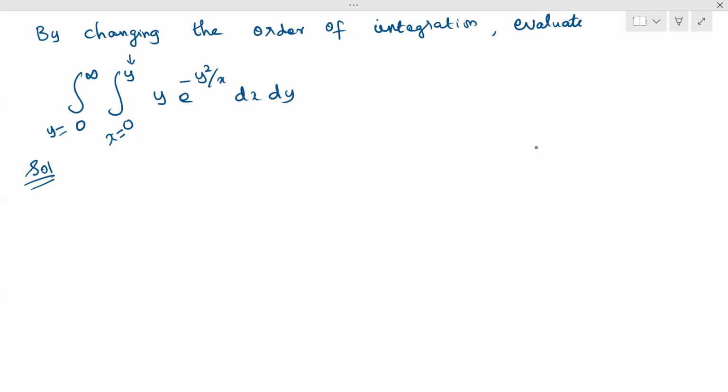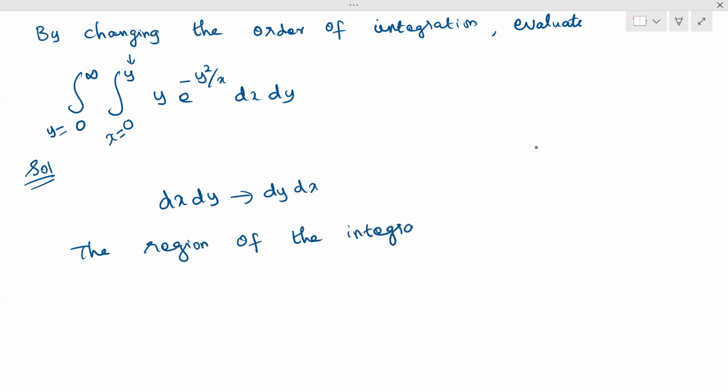So here our aim is to change this dx dy to dy dx. For that, first we have to find the region of integration. The region of integration is bounded by the lines.